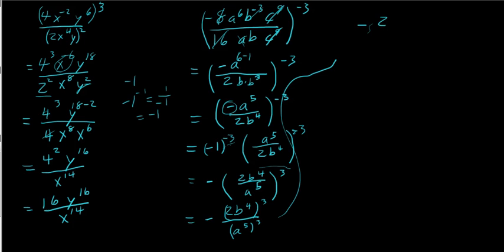So we're going to have 2 to the 3rd, and then we're going to have b, and we're going to use that multiplication property. So we have b to the 4 times 3, and that's going to be over a to the 5 times 3. So then we have our negative sign still, the 2 cubed, that's going to be an 8. Then we get b to the 12th, and then in the denominator we have a to the 15th.